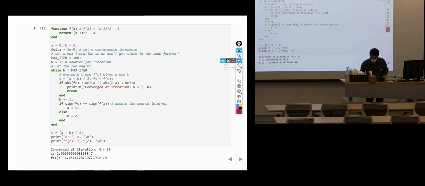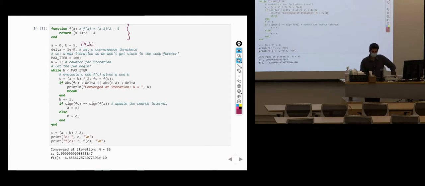So what I'm doing, first, I'm implementing my function. In Julia, it's very easy. Just say function f of x, and return (x minus 1) squared minus 4. That's my function. I start with the interval a and b.